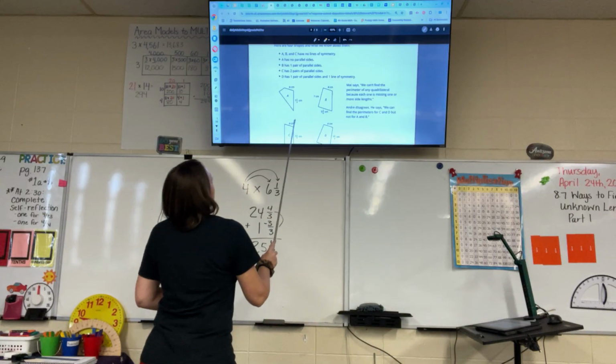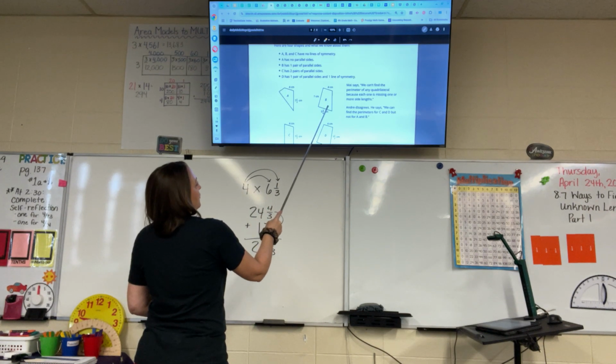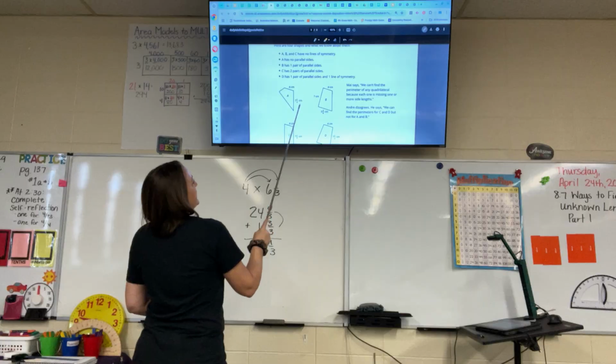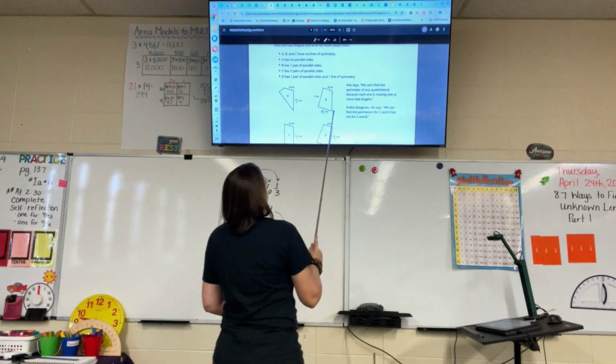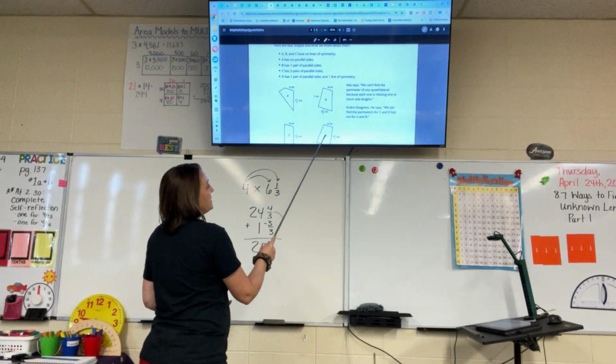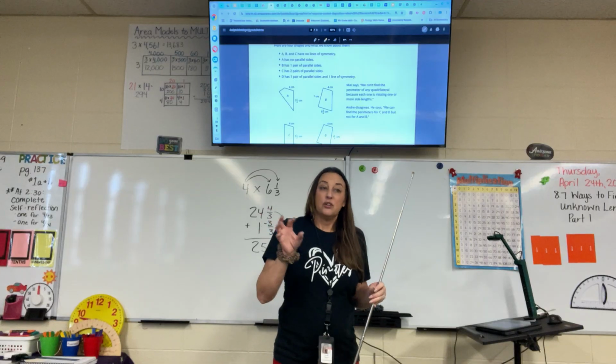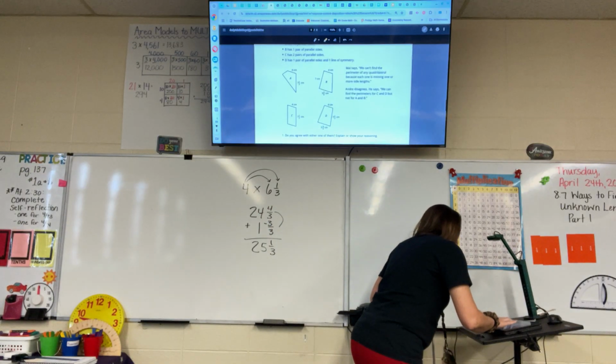A, B, and C have no lines of symmetry. A has no parallel sides. B has 1 pair of parallel sides. C has 2 pairs of parallel sides. And D has 1 pair of parallel sides and 1 line of symmetry. That's a lot. Too much for me to remember. So look at those figures.